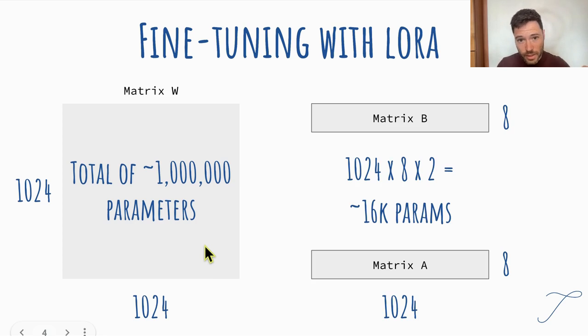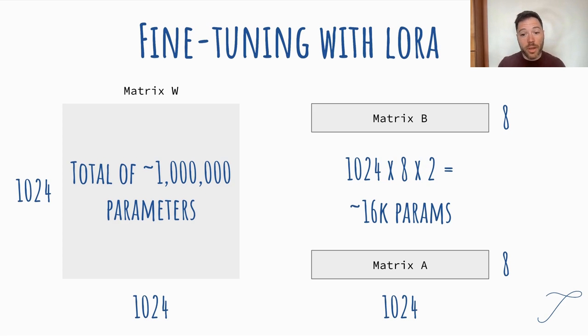For example, and this is exactly how LoRA is set up, we will fine-tune two smaller matrices A and B. And A will be the same width, 1000, as the original matrix, but it will be smaller in height. Here I've shown that as 8. And the same with B. So these are both kind of long matrices.